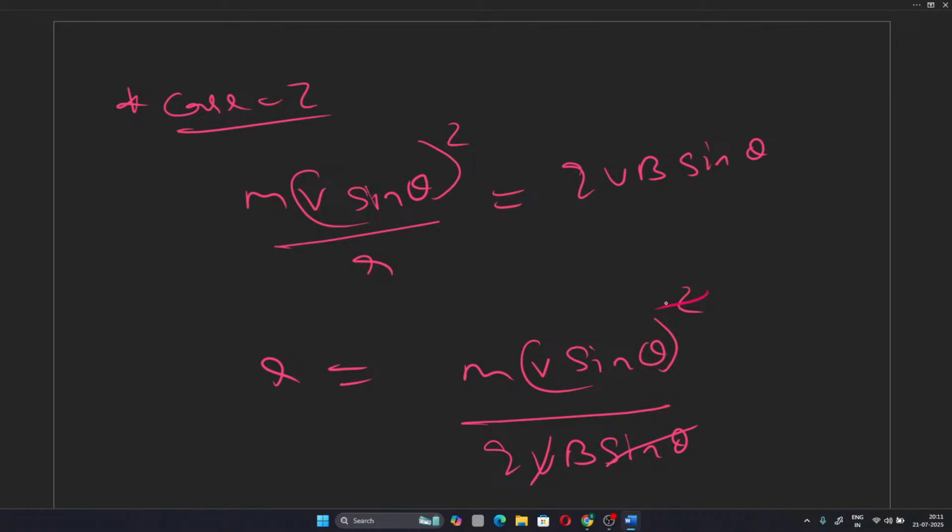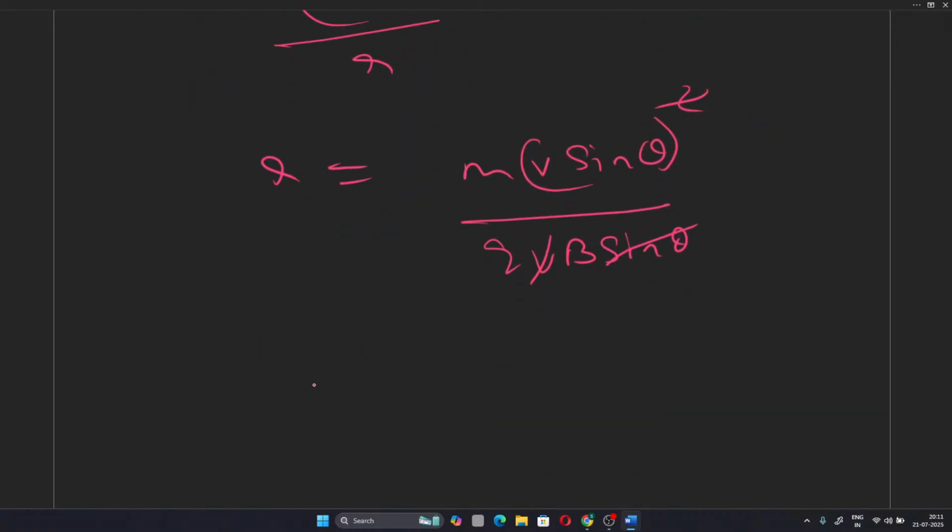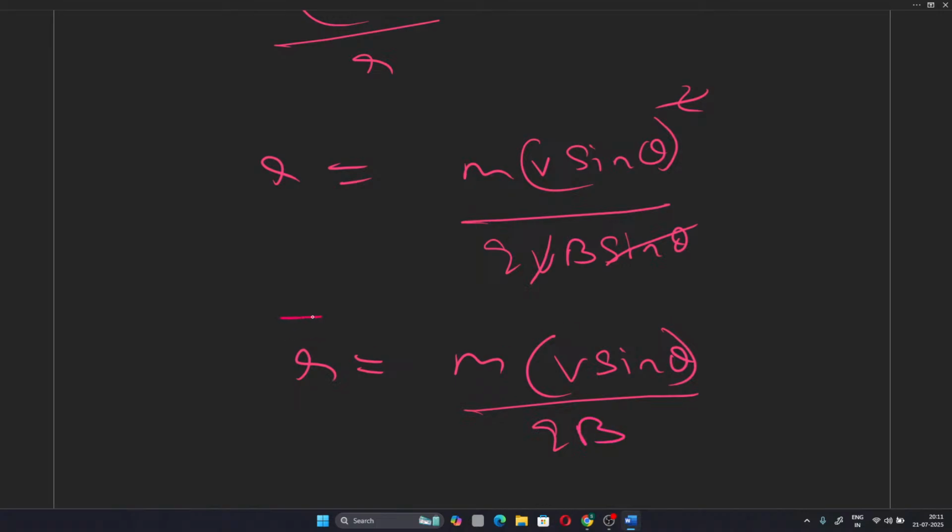The sin theta gets cancelled, and the square gets cancelled. So the radius in the case of a helical path will be r equals m v sin theta by qB.